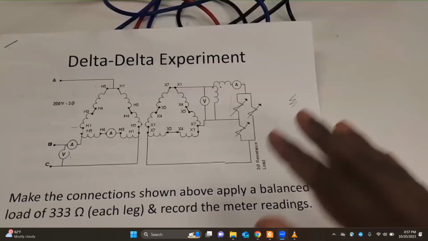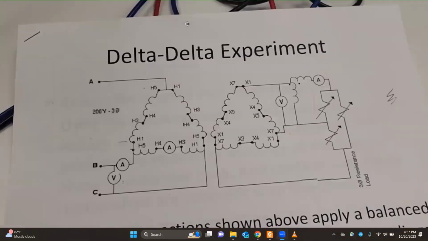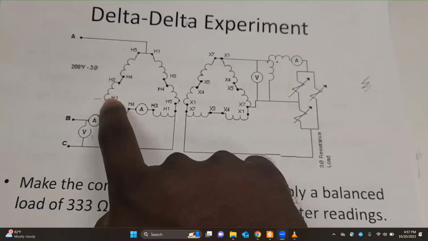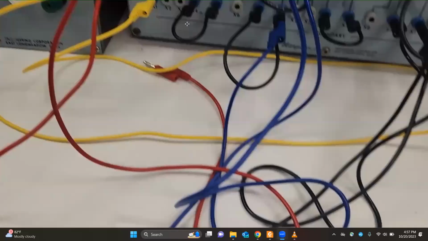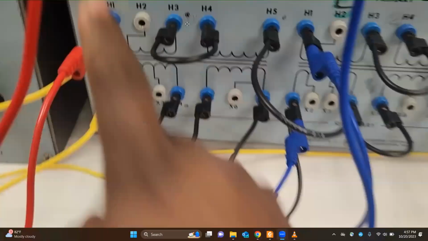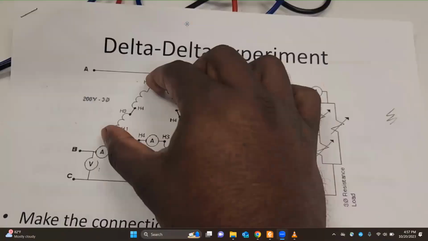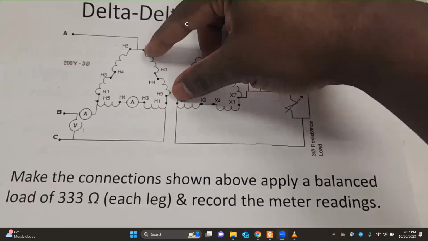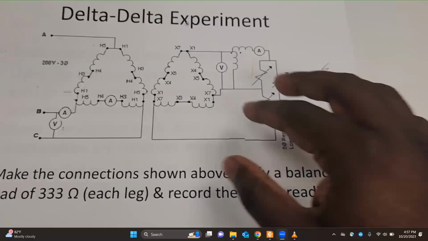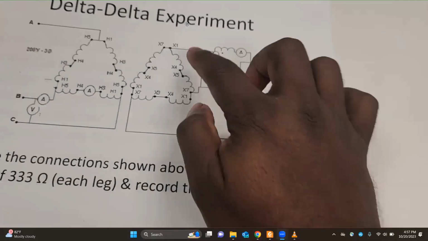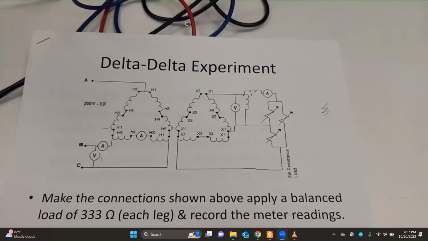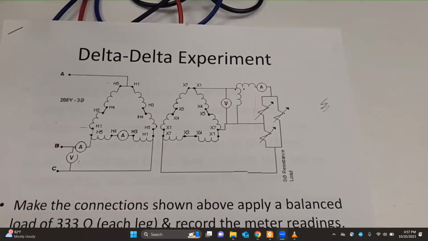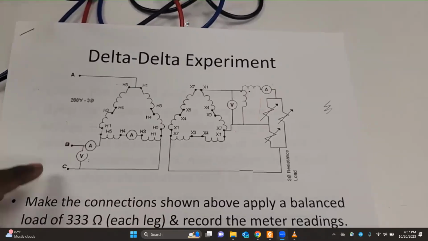Now if I look at this figure, this H1 is this point. If this is phase A, this is phase B, and this is phase C, and the same for X, Y, and Z. Since we are going to do delta delta, we need to follow the instruction given by this page.